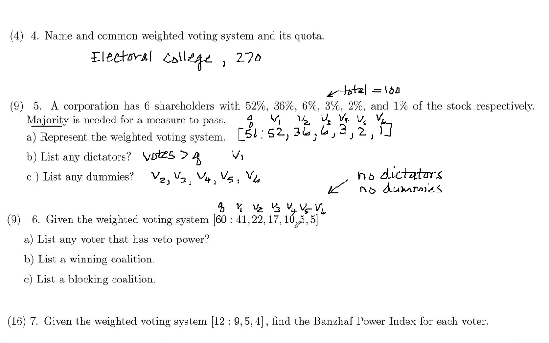So the total is 100. This is 41 here, and these guys add up to 59. All of these guys together here, 59.